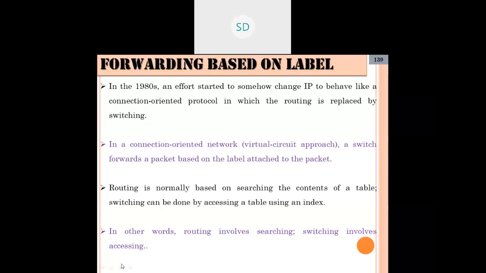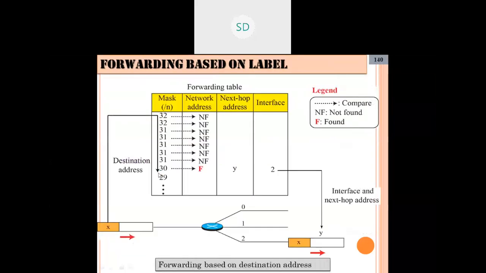So this is just an example: forwarding based on the label. This is nothing but an example of the forwarding table, from the previous example. Say when a packet arrives at a router, this is the packet, and this is the address of the packet.